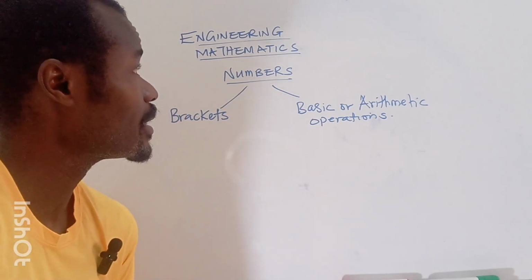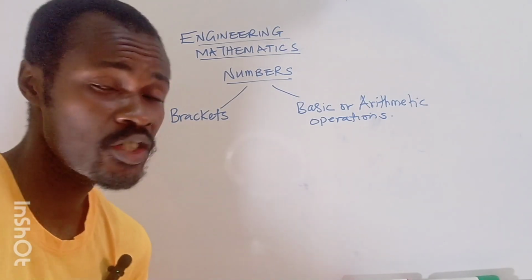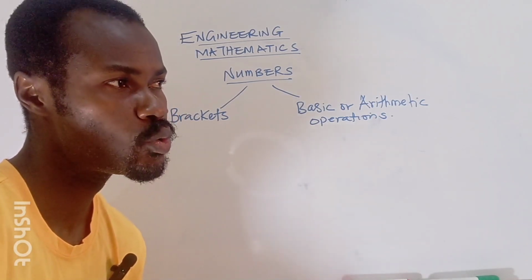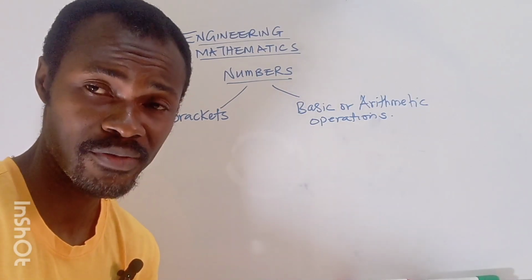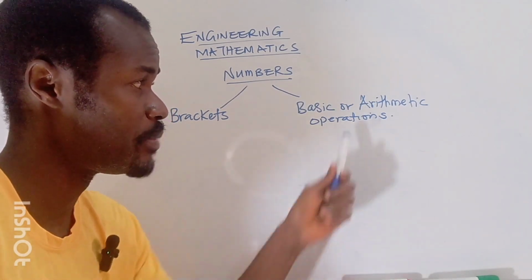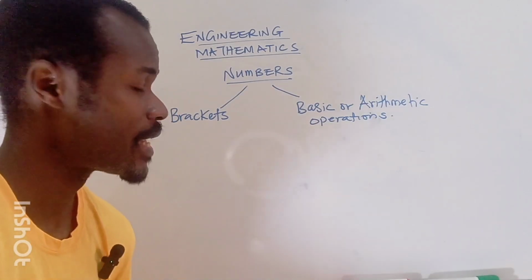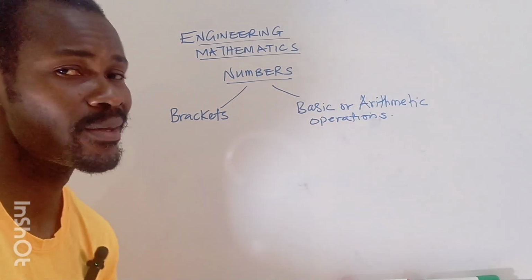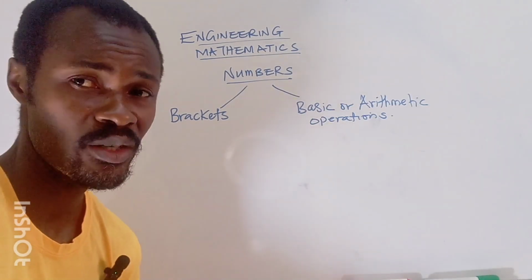Alright, so today we are going to look at numbers, still in engineering maths. One thing in mathematics is you need to be very good in the use of numbers, most especially in applying basic or arithmetic operations. Another thing you must know is how to apply your brackets when dealing with numbers and basic operations.